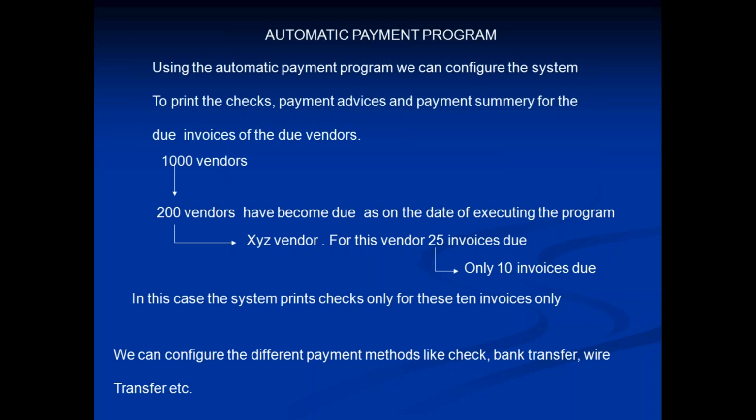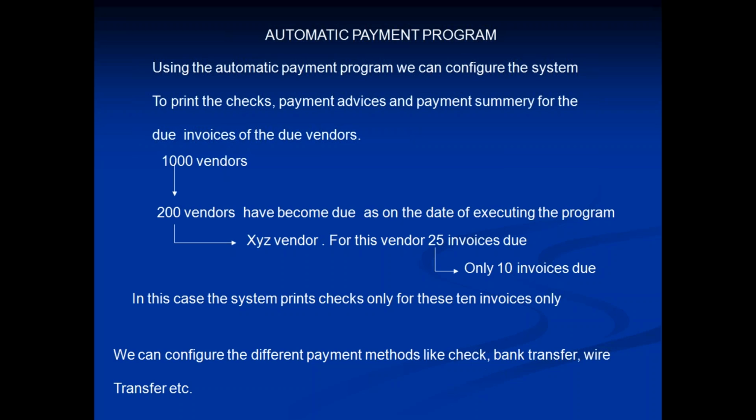It will have the house bank and ID, some other details, and to which vendor the bank needs to process the payment. Then it says we can issue all these documents through the automatic payment program.